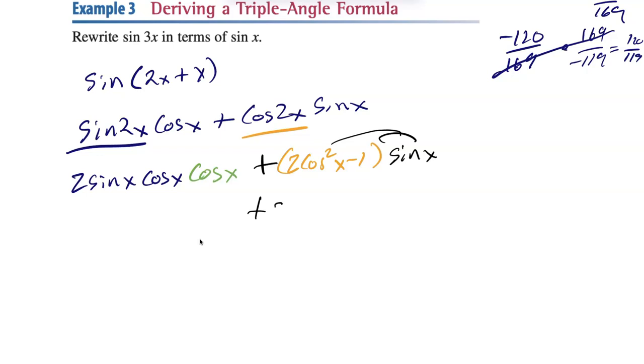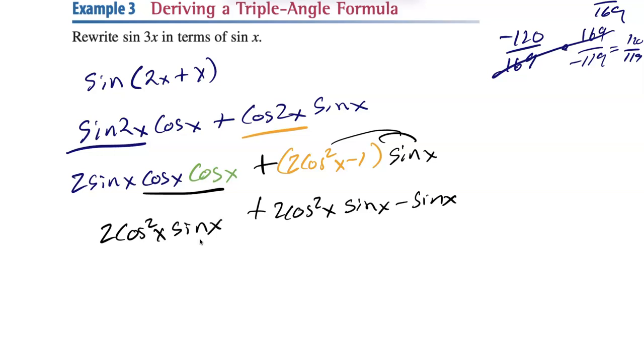So I get plus 2 cosine squared x sine x minus sine x. And then this, I got 2 cosine squared x sine x. These match, so I get 4 cosine squared x sine x minus sine x. And that's as far as you could go.